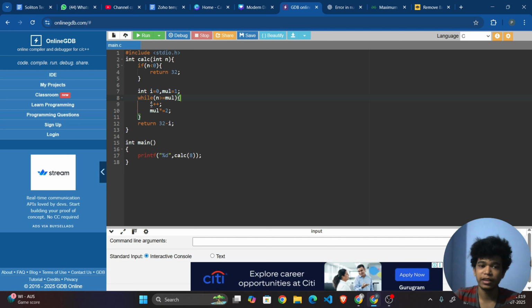I increment my i value by 1 and exponentially increment my multiplier by multiplying by 2. Hope you understand this. Now when this loop gets terminated, I will be returning 32 minus the power, which means i. That's it. So in the main function I will be calling this function to calculate the number of leading zeros.